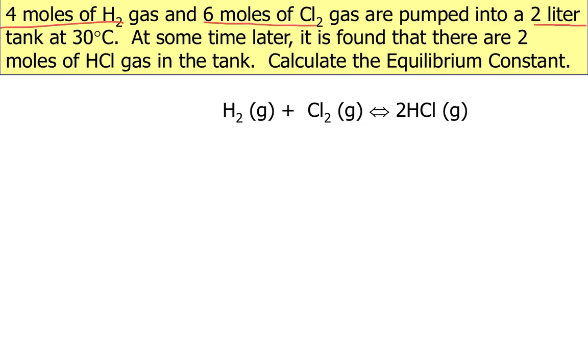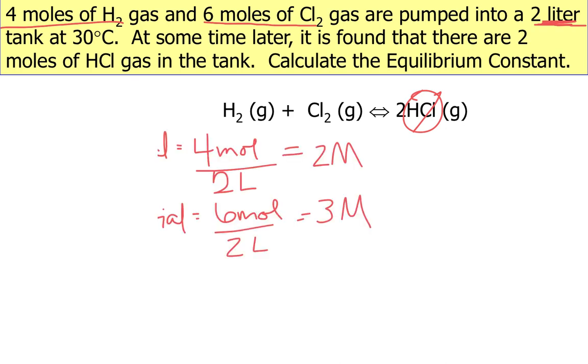The first sentence tells us what we have when the reaction initially begins: 4 moles of hydrogen gas and 6 moles of chlorine gas. Of course, you would have 0 moles of product when you first start the reaction. We need molarities, so we do need to consider the volume, which will stay constant throughout the reaction. And we can convert each of these initial moles into molarities now.